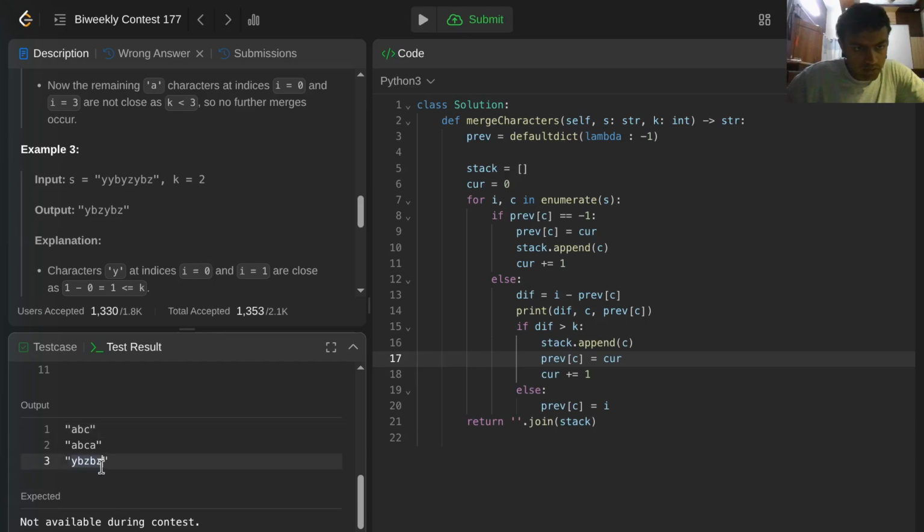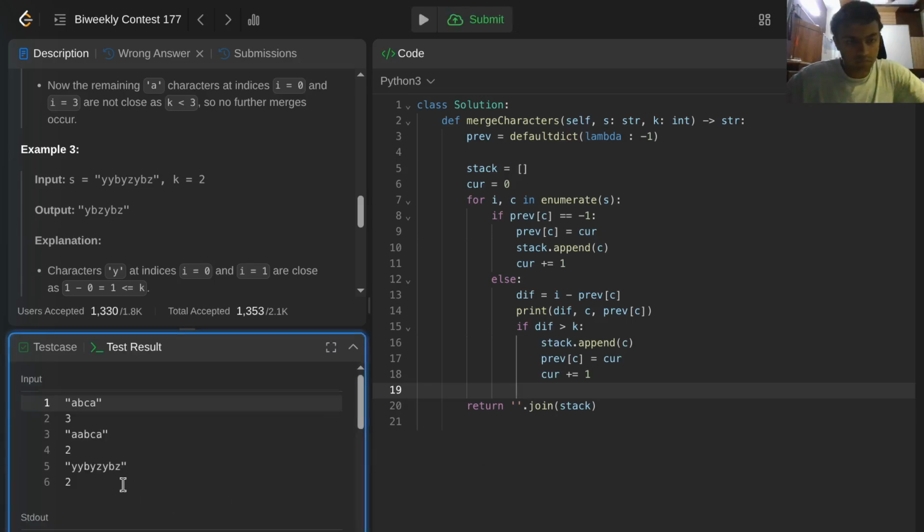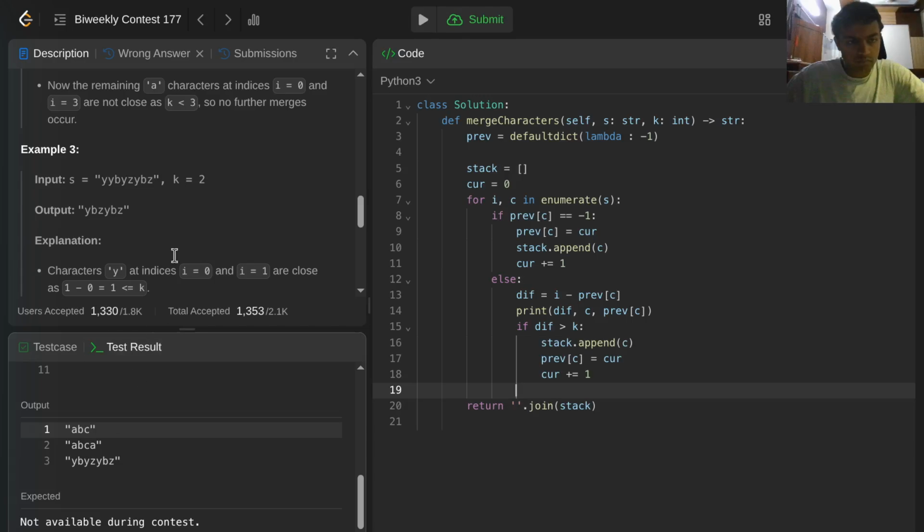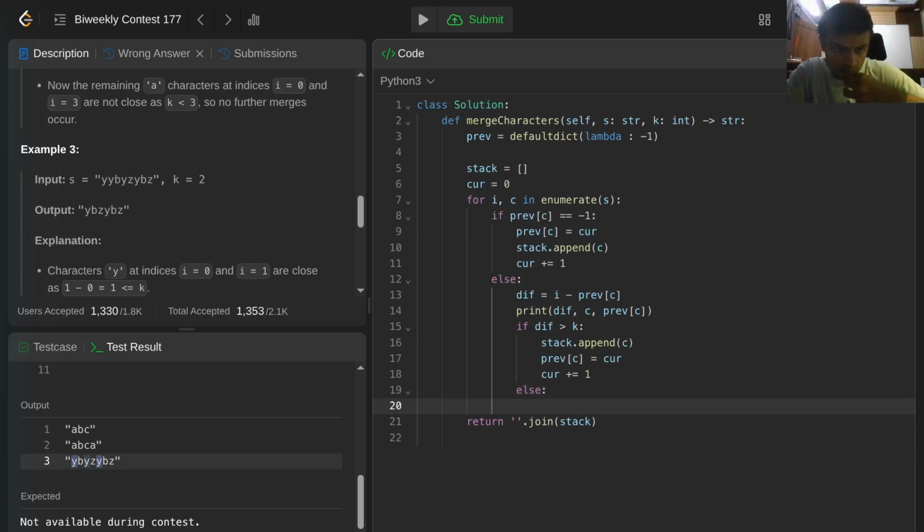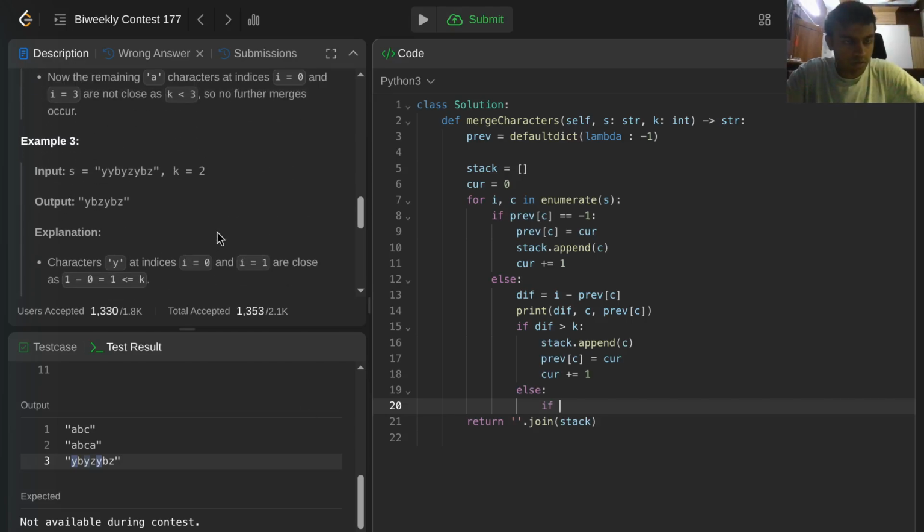Oh, that's no. YB. Okay. If diff is greater than or equal to k, okay, if it's lesser than k, then... can k be 0? k has to be 1. Okay.